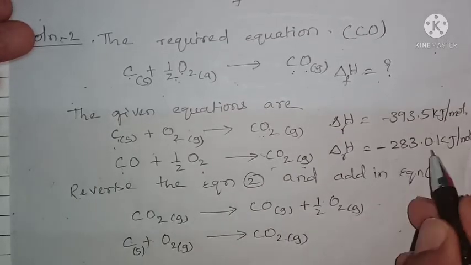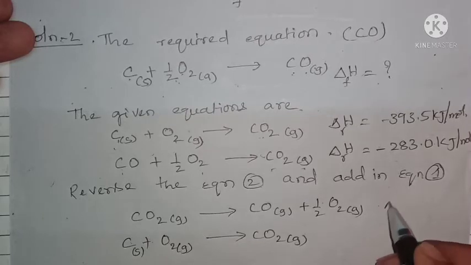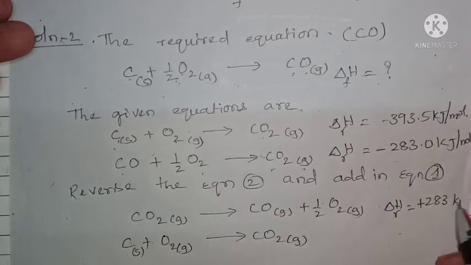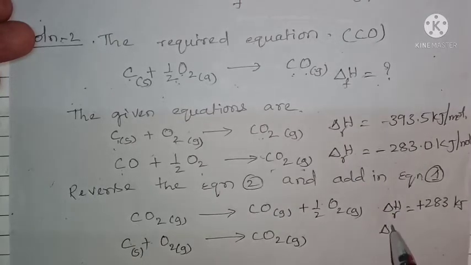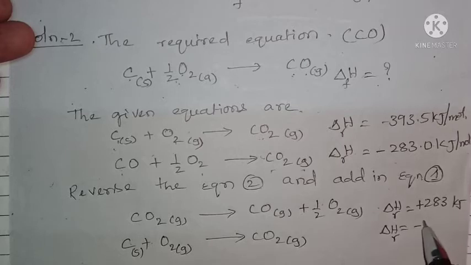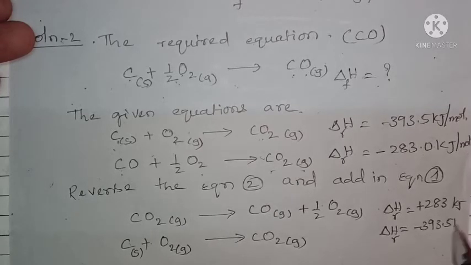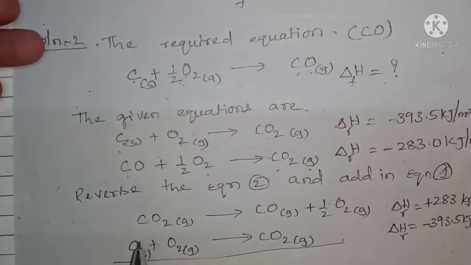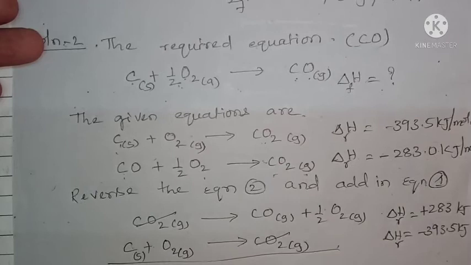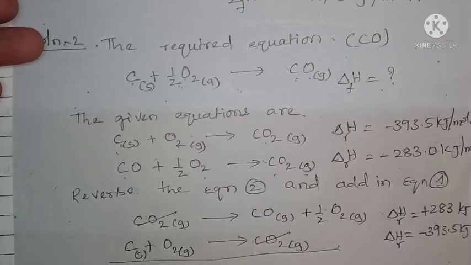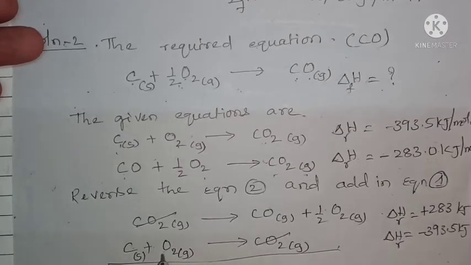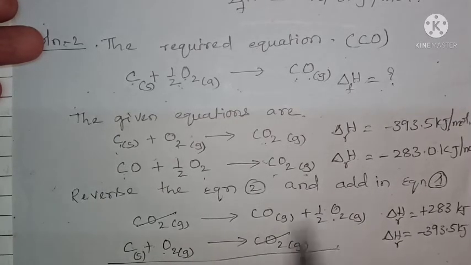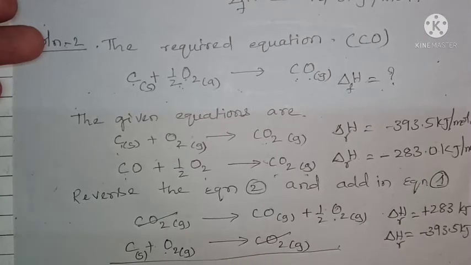So here this value becomes positive: delta H reaction is plus 283 kilojoules, whereas here delta H reaction is minus 393.5. Just by adding these two, carbon dioxide gets cancelled. Here 1 mole of oxygen is there, and here half mole of oxygen is there, so subtraction of these two gives half mole oxygen.